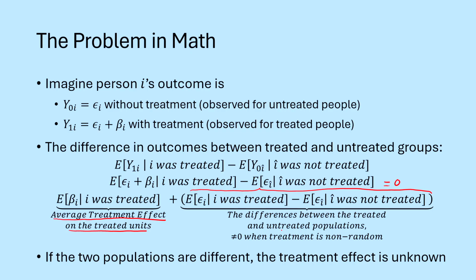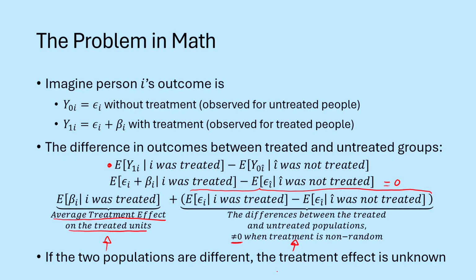Unfortunately, if the assignment into treatment and non-treatment was not random, then in general, we wouldn't necessarily expect this to be equal to 0, and in fact, it could be not equal to 0. And so what we're left with, if treatments weren't assigned randomly, is that the difference between outcomes in the treated and untreated populations includes both the average treatment effect that we want and the difference between individual characteristics.